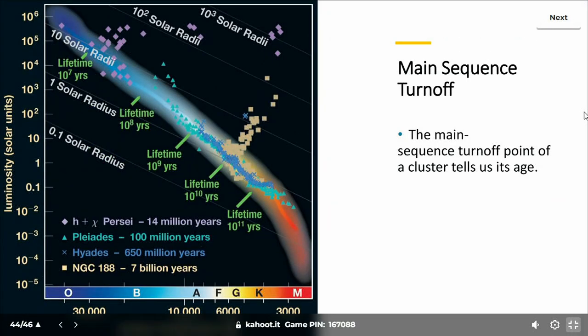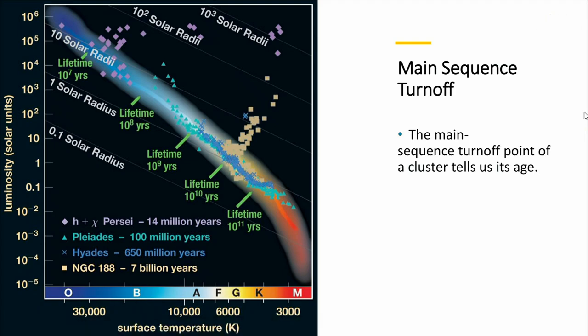If you plot a bunch of different clusters together, here we have Persei in the purple diamonds, and you can see a lot of high luminosity, high mass stars that haven't yet evolved off of the main sequence, so this cluster must be fairly new.